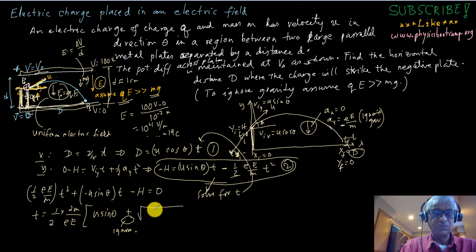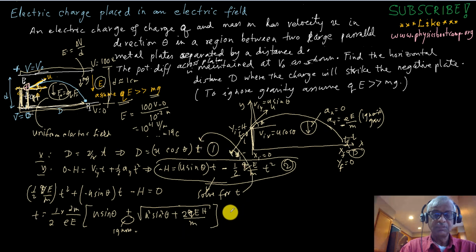And then this is going to be square root of u squared sine squared theta, then minus, plus, and this is going to be plus 4 times that, which comes to 2eEh over m, where eE is QE for us. So that's the time, and you just plug in there.